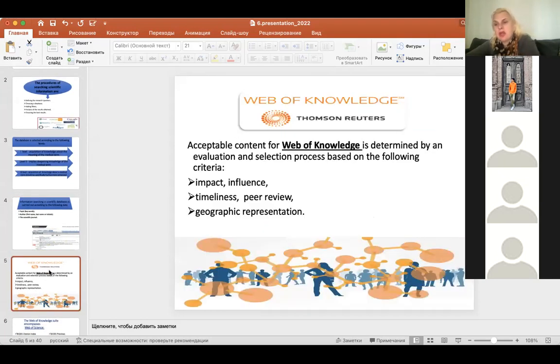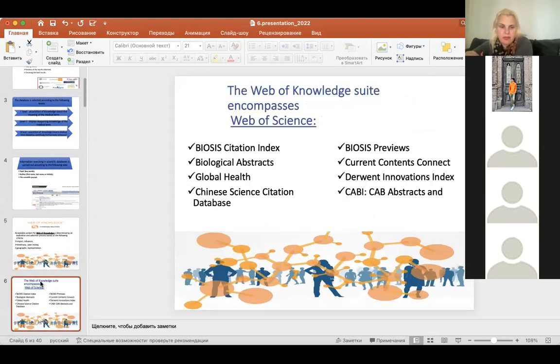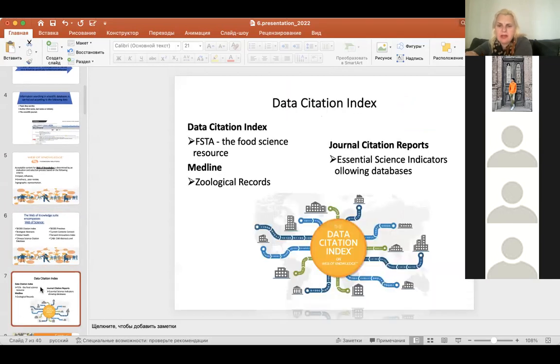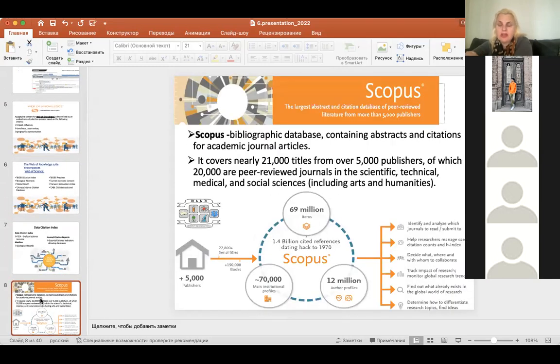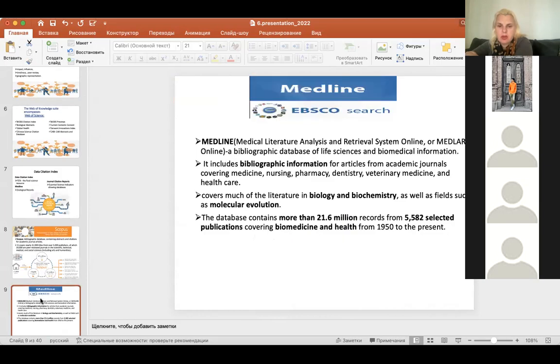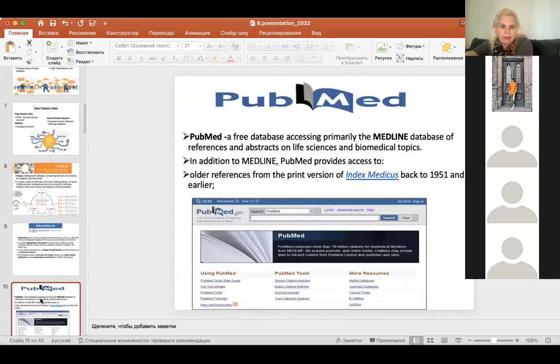In the next week, you should have information on what is Web of Knowledge, Thomson Reuters. It's a high-class database system. What is Web of Science? What is Scopus? What is Medline?